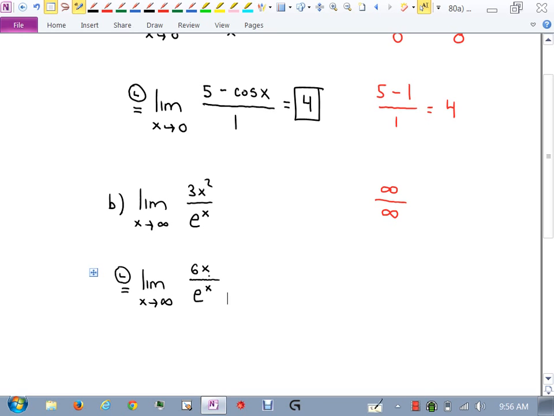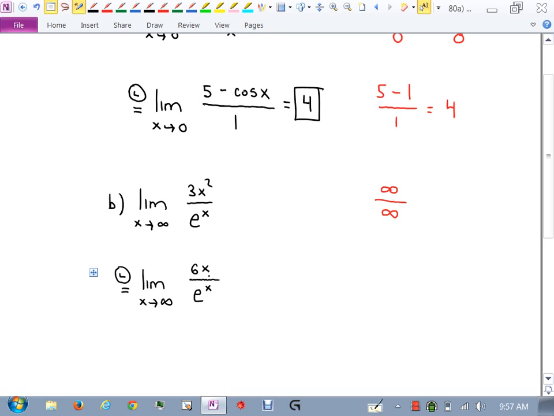Okay, so what's happening here? You go infinity on top and infinity on the bottom. So if you have that again, just apply L'Hopital's rule again. You can apply L'Hopital's rule as many times as you want to, so long as each time you do it, you continue to have the infinity over infinity or 0 over 0. So it is possible to apply L'Hopital's rule 1,000 times.